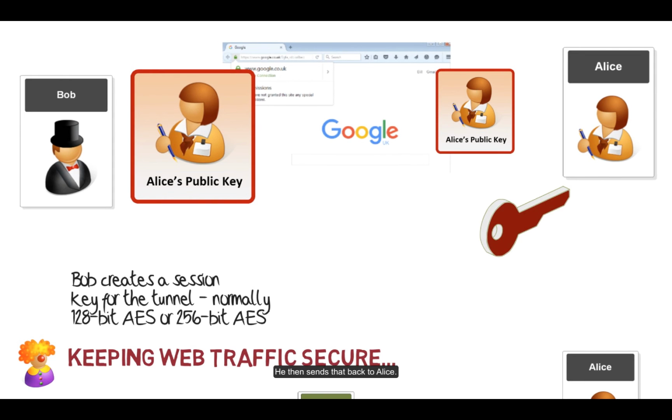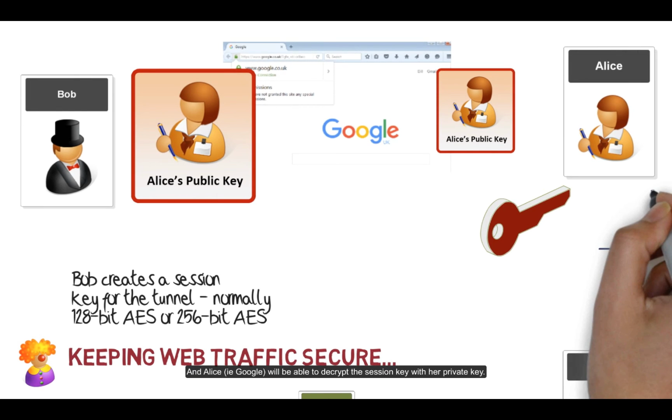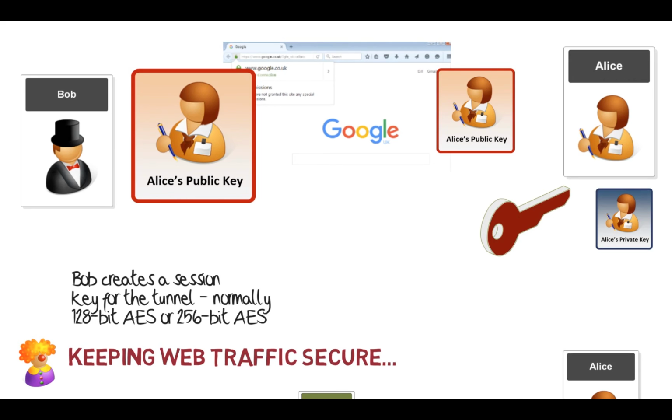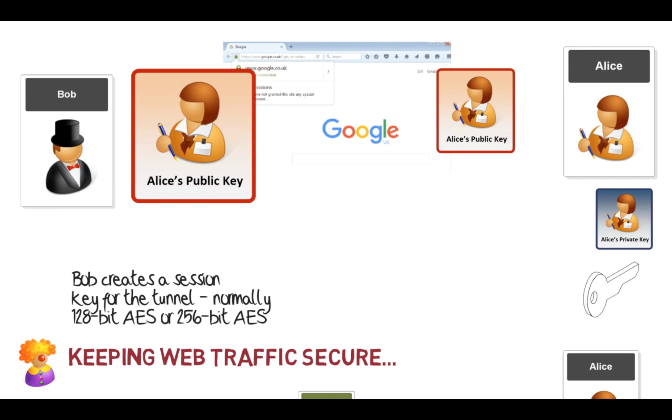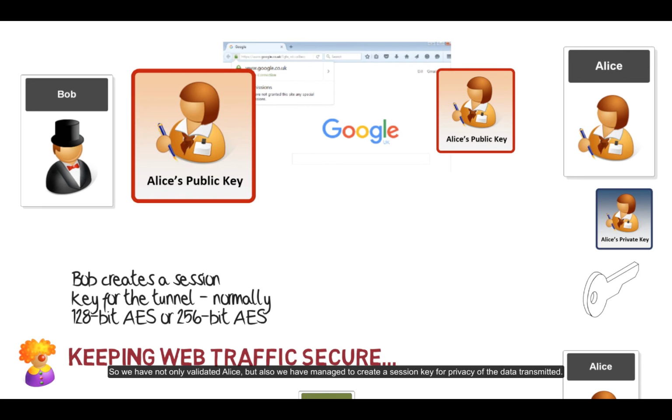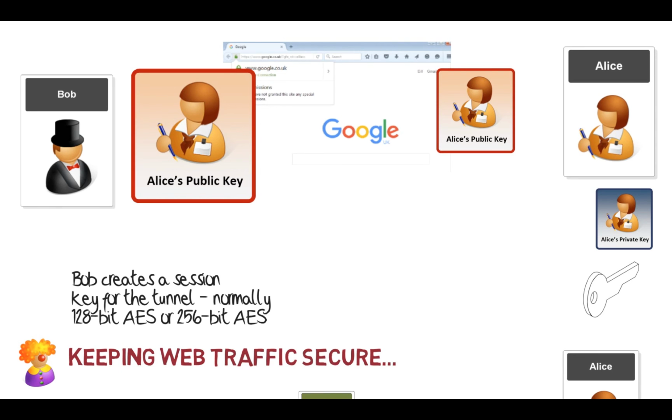So then he sends that back to Alice, and Alice, who is Google in this case, will be able to decrypt it with her private key. In this case now, they both have the same key, and it is this key which will be used to create the tunnel between Bob and Alice. So we have not only validated the identity of Alice, we now have generated a shared key which will be used for the tunnel to keep security.